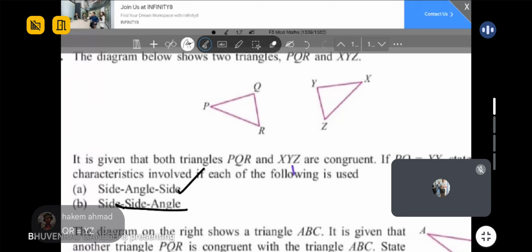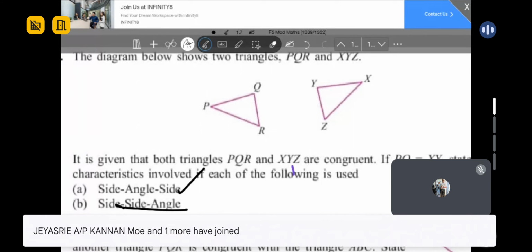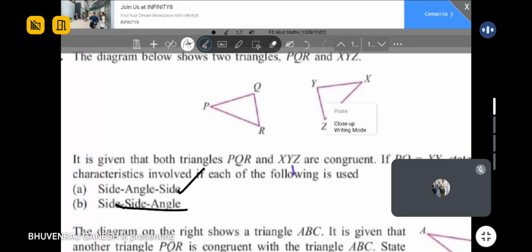QR equal to YZ. Okay, one more. Satu lagi, angle. Now I want angle. So this one correct lah. QR equal to YZ because pantulan. So satu lagi yang kamu boleh bagi.